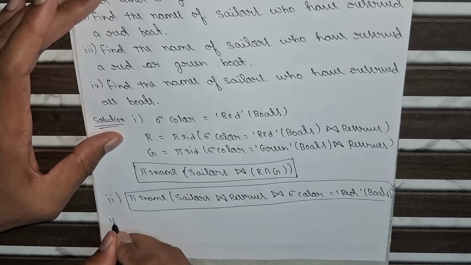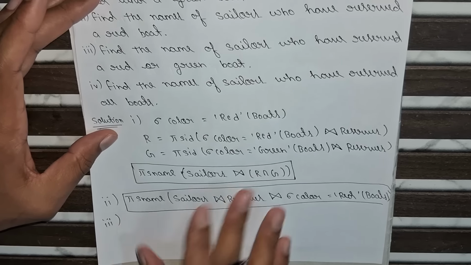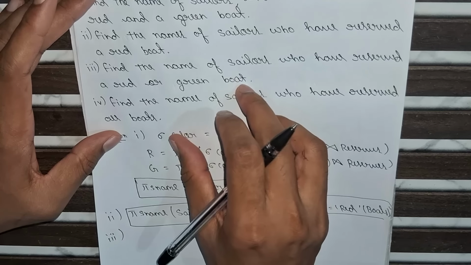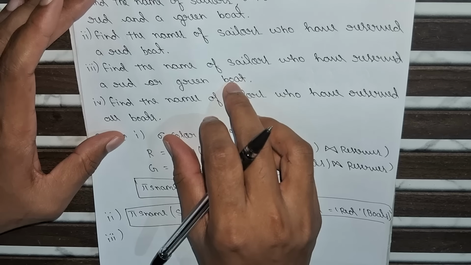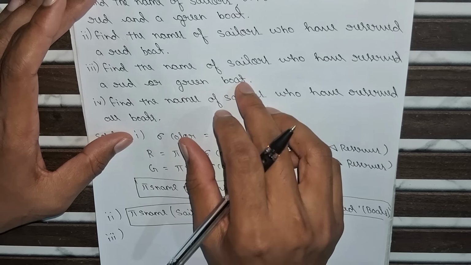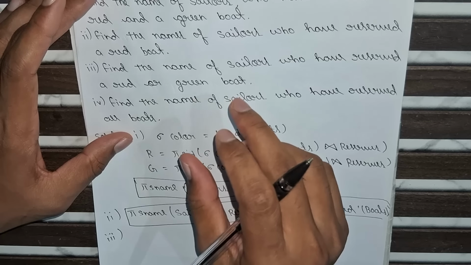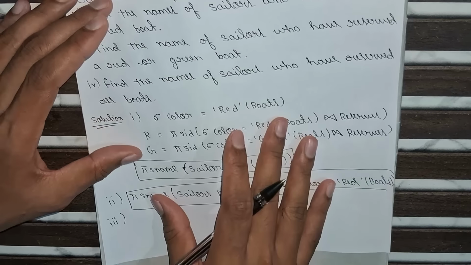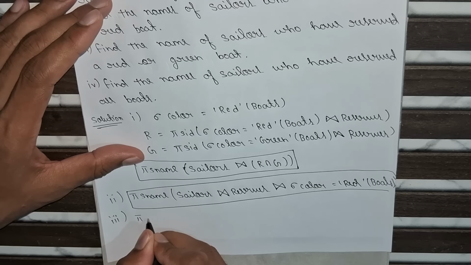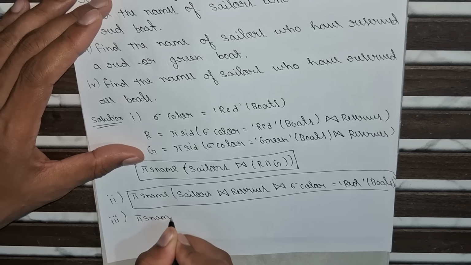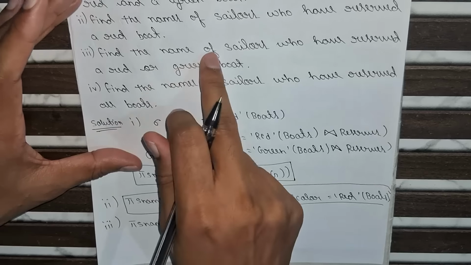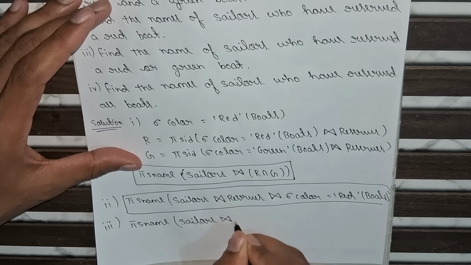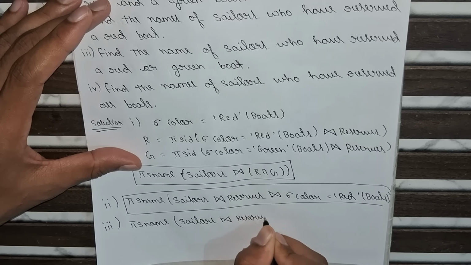So this is for the second answer. Now we will solve the third one, which asks to find the names of sellers who have reserved a red or green board. So here what we will do is join sellers with the reserves and then the colors red and green. So it is very easy, you can write like this. First we will write pi of sname, which is easy. Then here are our sellers, so we will write sellers joining with what it has, reserves.